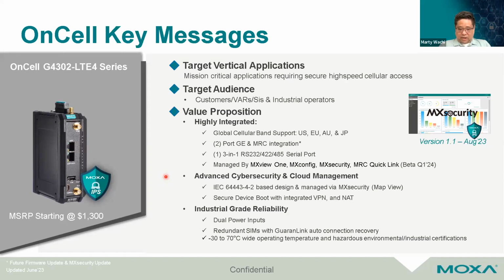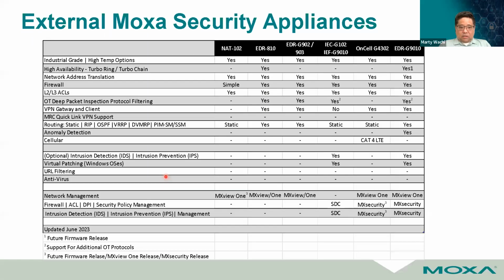In the future, we're going to add MRC gateway capabilities to this, and we'll be able to use MRC's Quick Link server as well for VPN setup and control. So we're excited about that. And this will be supported in MX Security version 1.1.